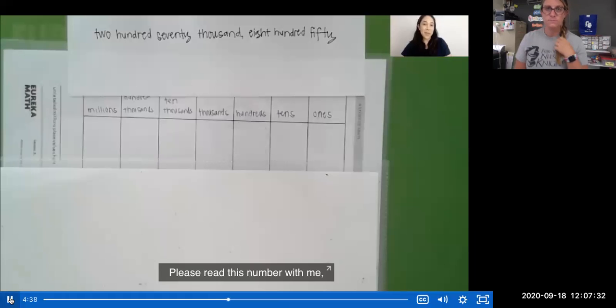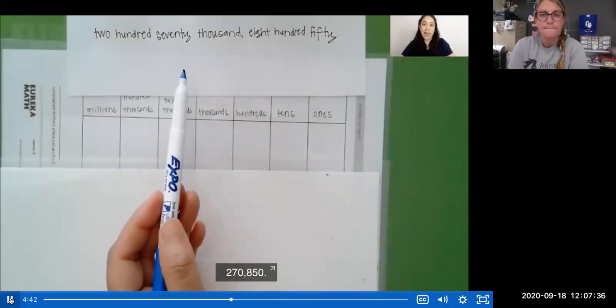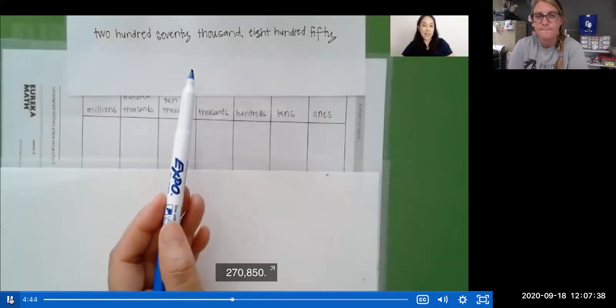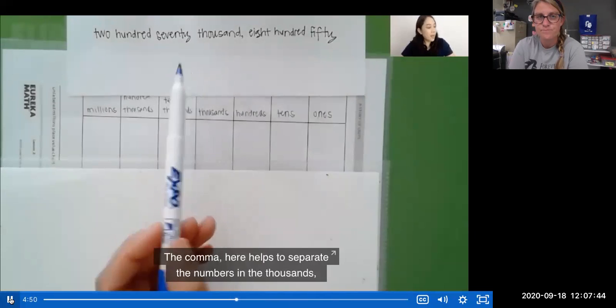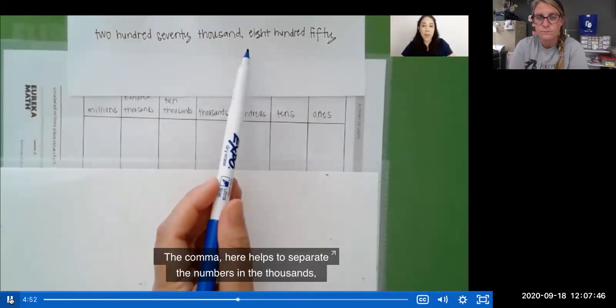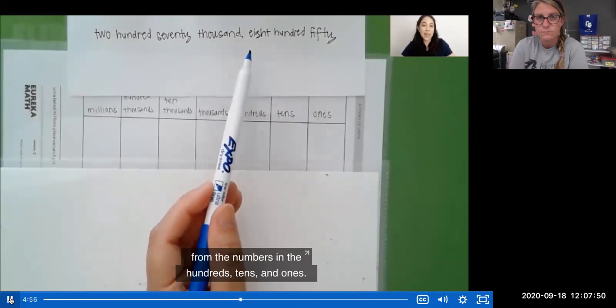Please read this number with me. 270,850. You'll notice that everything you say, you can write in words. The comma here helps to separate the numbers in the thousands from the numbers in the hundreds, tens, and ones.